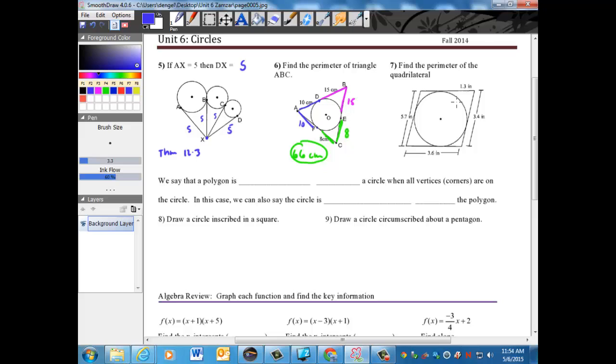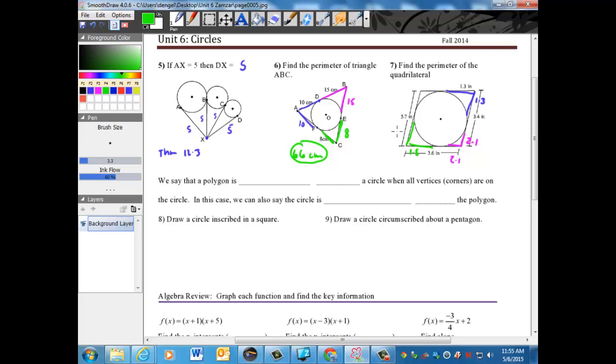All right, we're going to do the same thing here. If we know this piece is 1.3, this piece is 1.3, clearly this shape is not drawn to scale. And so if this is 1.3 and the total is 3.4, that means this piece is 2.1. This piece is also 2.1. And then if this piece is 3.6, this piece has to be 1.5.